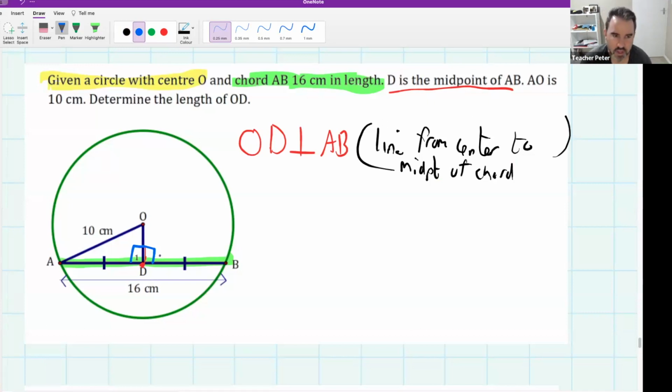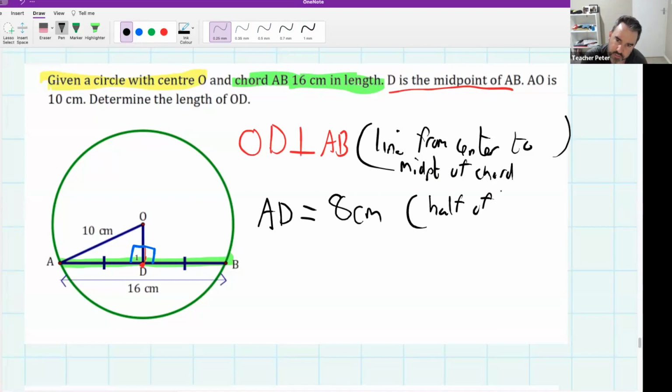Now, what we also want to say is that we know AD is equal to what? How big is AD going to be? Yeah, you're right, Silikani, we're on the right track. AD is going to be 8 centimeters because it's half of 16, and we were given AD is equal to DB. So we know this whole thing is 16.